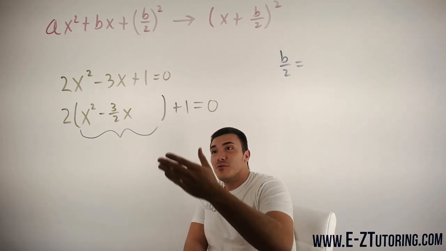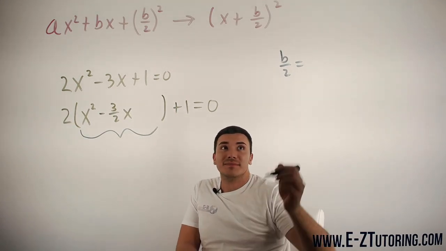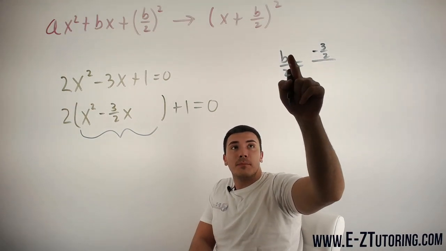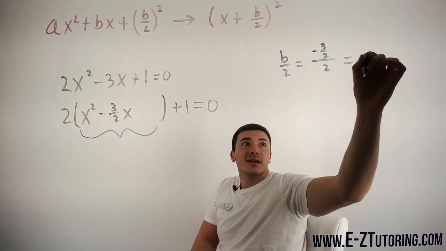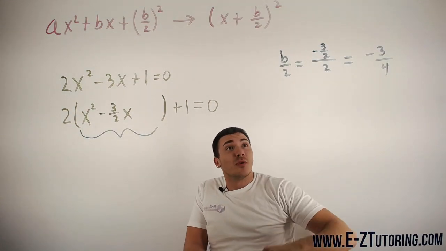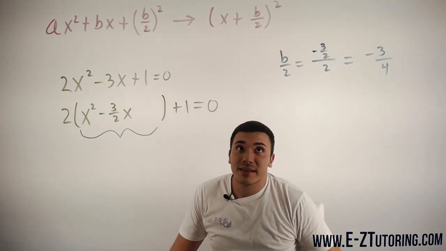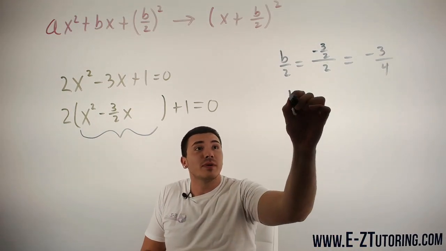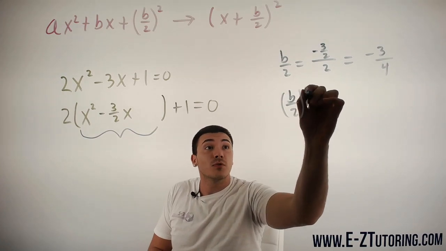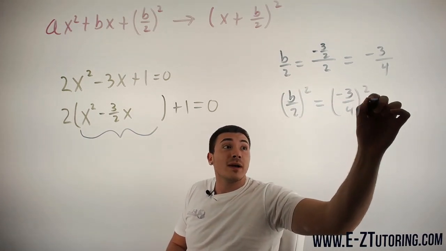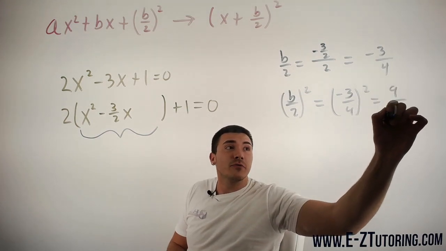So our b value is negative 3 over 2, and then b over 2, so over 2, is negative 3 over 4. You want to use the keep, change, flip method for this if you're not understanding how I got that. And then, of course, we need b over 2 squared, which is negative 3 over 4 squared, which is 9 over 16.